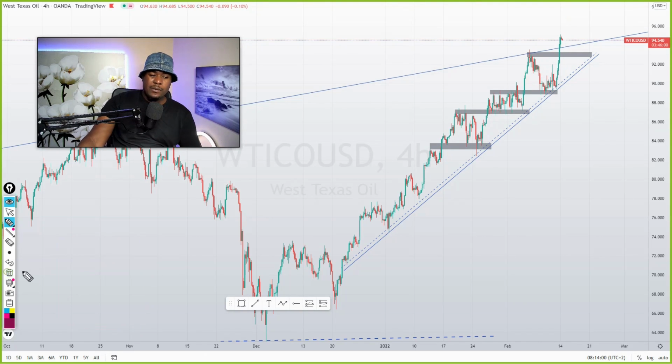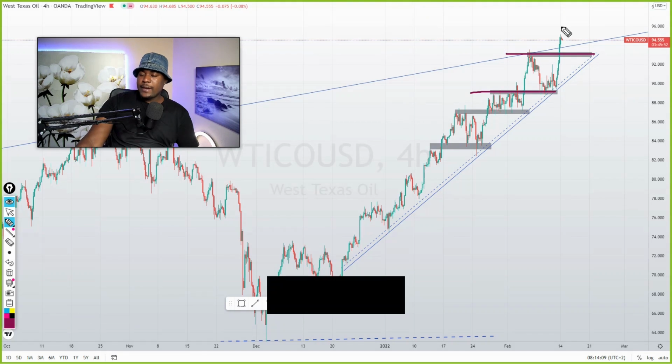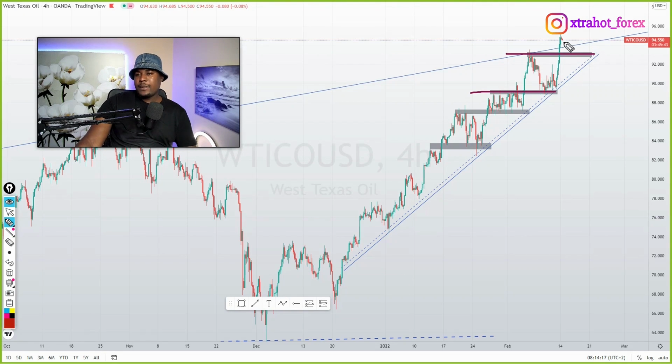They were not under any pressure, they were just going very nicely. That's why the market is trying to push to the upside. Even now it's pushing up, but I'm expecting the market to give us a small sell-off before we see another push.